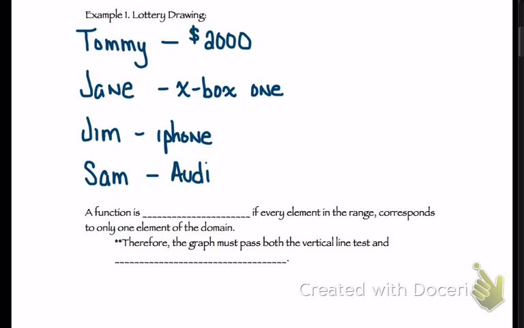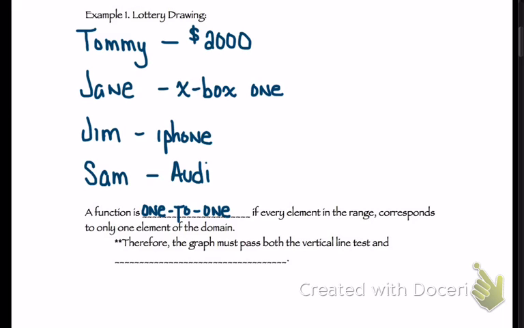Tommy won $2,000, Jane won the Xbox One, Jim won an iPhone, and Sam won a brand new Audi. Sam's the lucky one, if you ask me. So what I'm telling you is that a function is one-to-one if every element in the range corresponds to only one element of the domain.